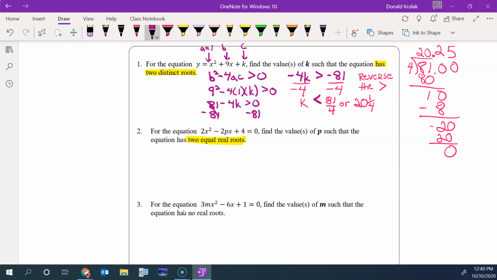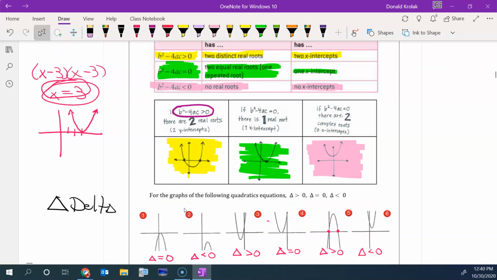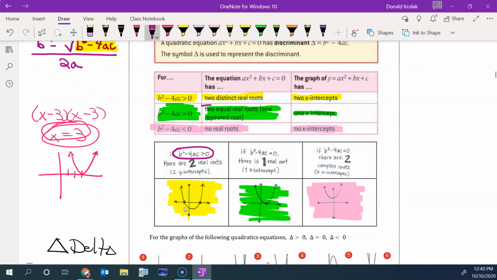B squared minus 4. See those words I highlighted? See those words I just highlighted and I circled? Right there. Are you looking? Right there.